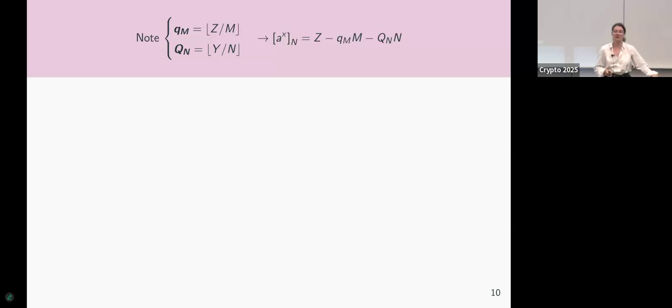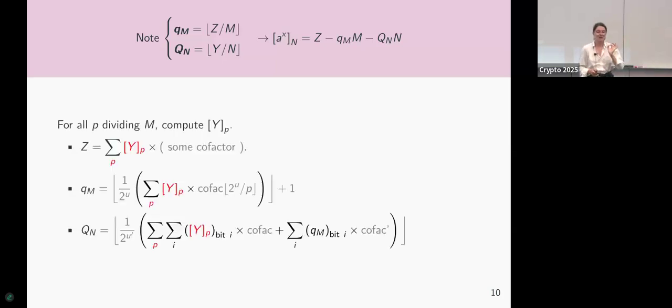Now I'm going to ask you to make a leap of faith and trust me on what is going to follow. We can actually express these three quantities, Z, Q big M, and Q big N, as this kind of sum, okay?